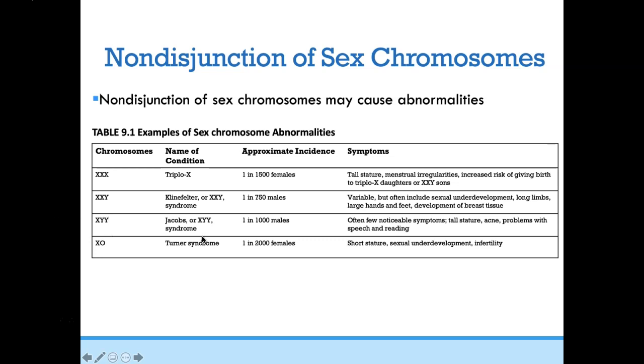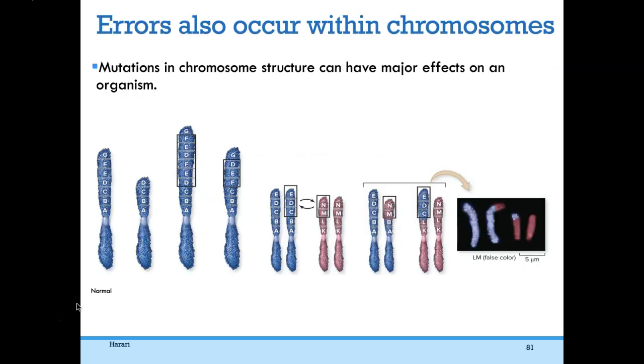That's called Jacob syndrome. And that's a little more common than Turner syndrome. So here's just some examples of sex chromosome abnormalities. I would recommend knowing at least an example of one. And the book goes into a lot more detail on that.